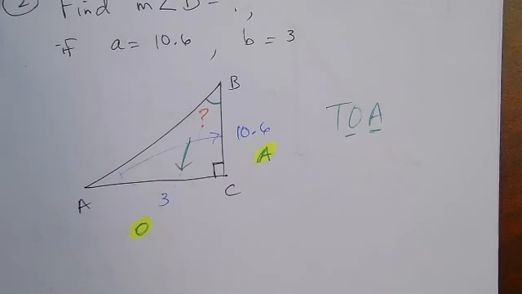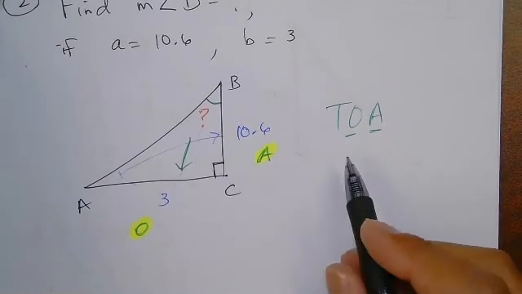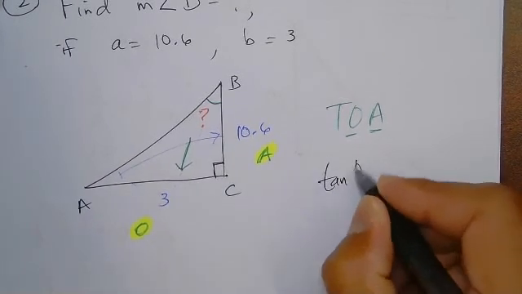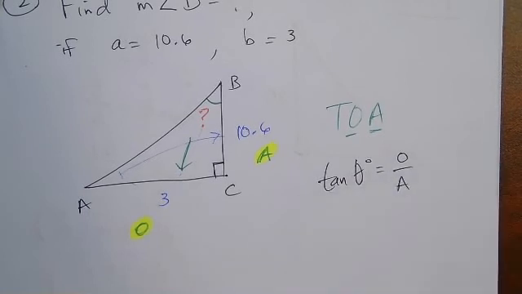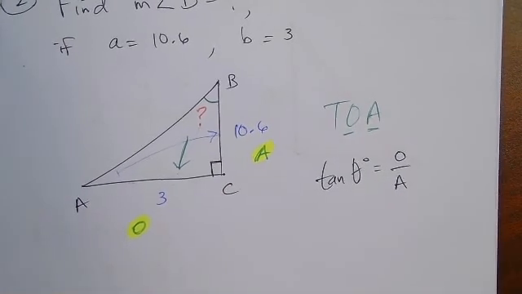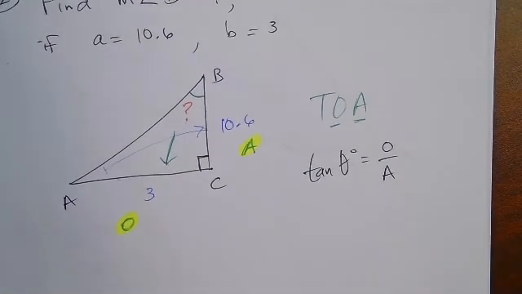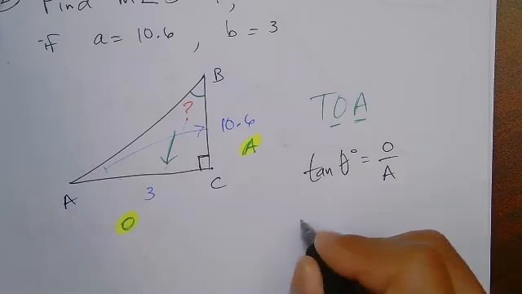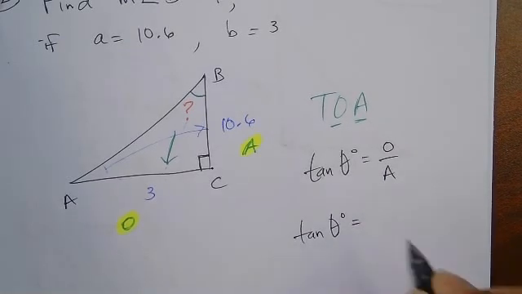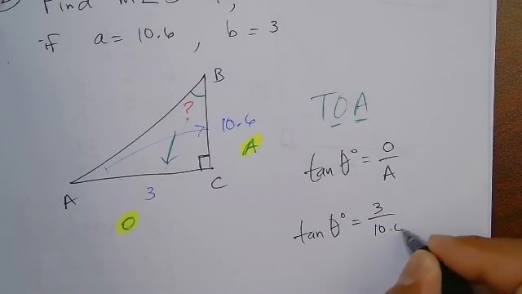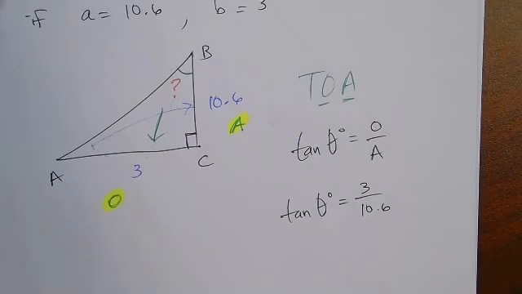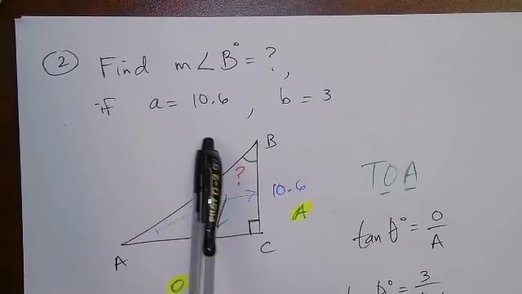So this is going to be TOA. Tangent. We've done this before, right? Tangent of the angle is O over A. Tangent of the angle is O, 3 over 10.6.